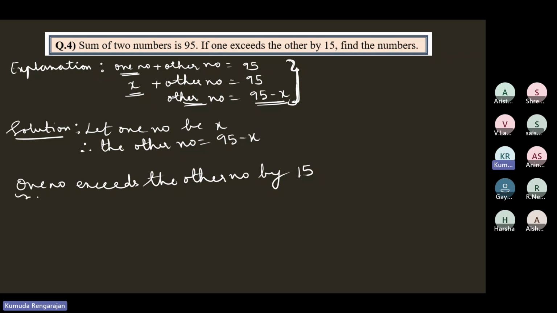Now, tell me which is the smaller number, which is the greater number. If one number exceeds the other one by 15, is one number the smaller number or the greater number? Greater number, ma'am. This is the bigger number, right? This is greater. And this is smaller because one number exceeds. So this is the smaller number. Now exceeds means the difference.